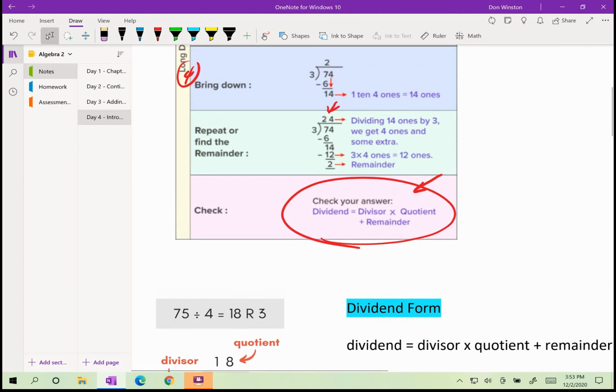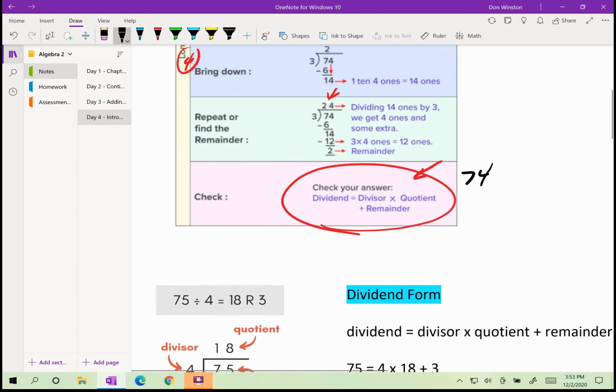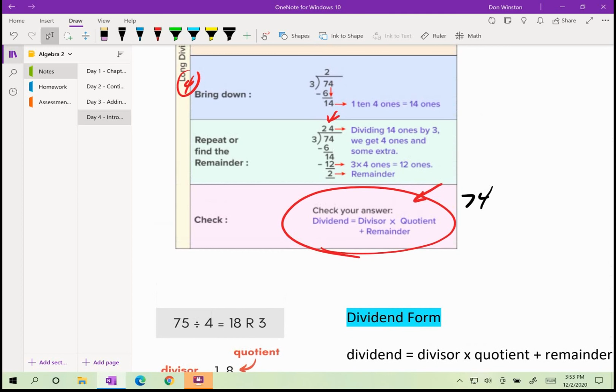My dividend here was 74, and then my divisor was 3. My quotient was 24, and my remainder was 2. So 3 times 24, what is that? 72 plus 2, 74.